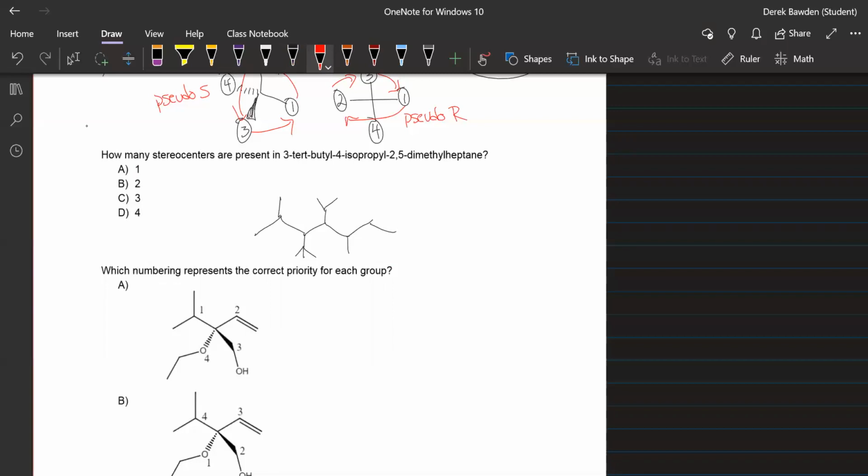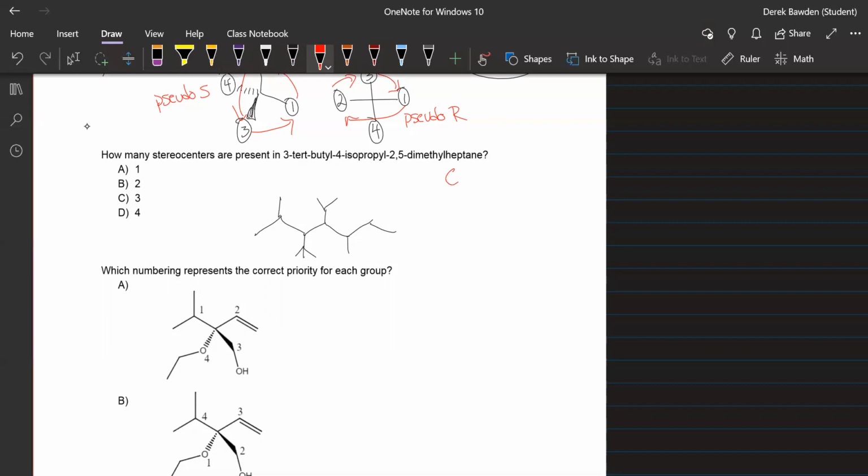All right. So what defines a stereocenter? What are the characteristics of a stereocenter? Does anyone know? Okay, so we have to have a carbon.